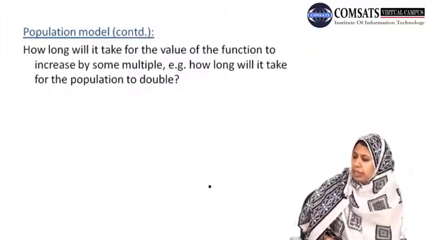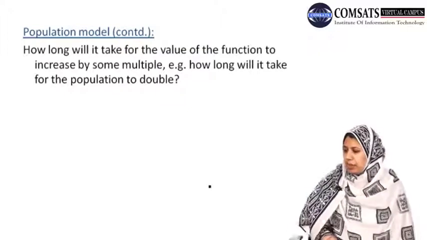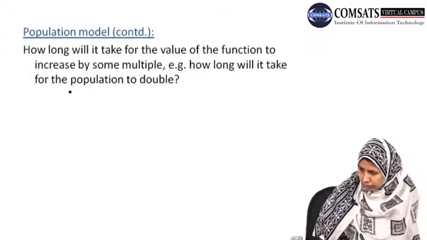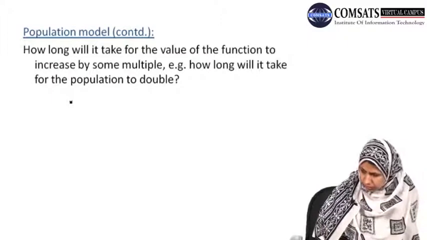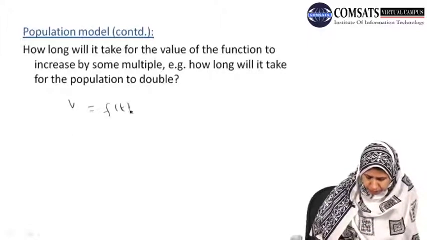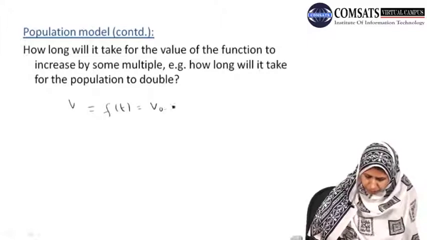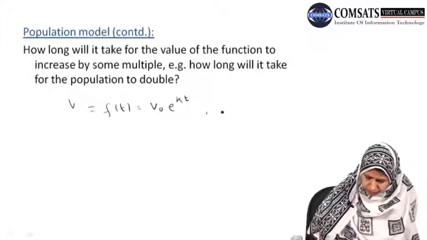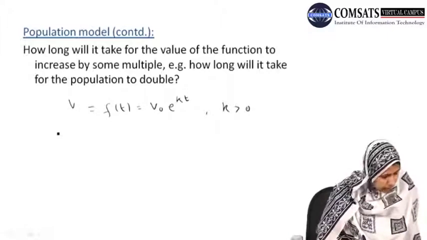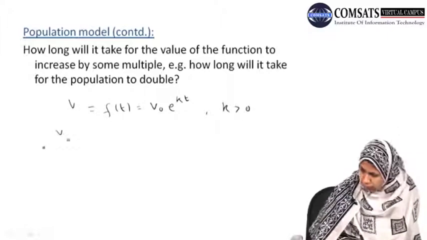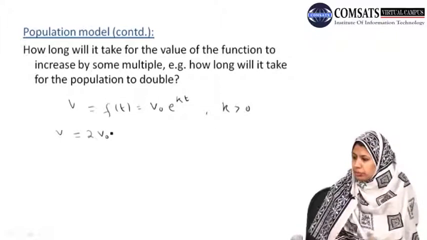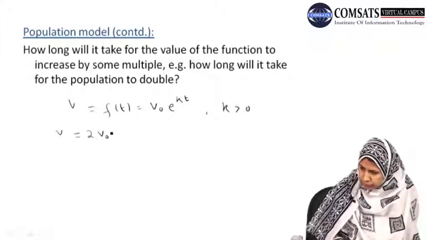We are further asked how long it will take for the value of the function to increase by some multiple, where our population model is v naught e to the power kt. Since this is a growth model, k is positive. And we are asked how long it will take when the population will be double, that is 2 times the initial population.